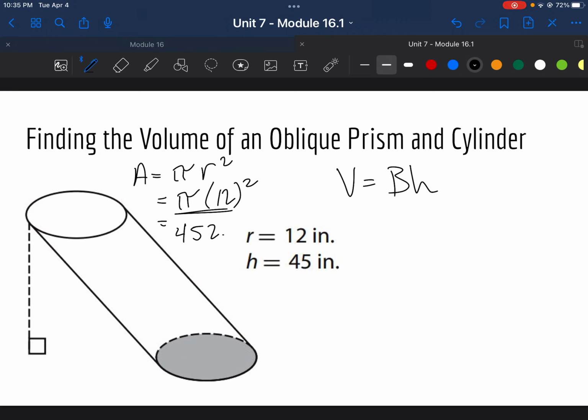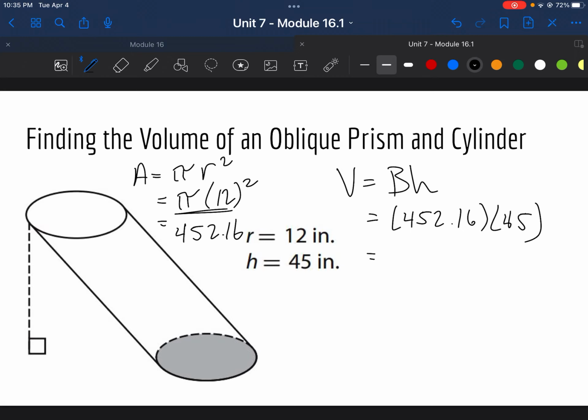So after you plug this into your calculator, you're going to get 452.16. So that means that the area of my base is going to be 452.16. Now I just got to multiply that by the height of my cylinder, which according to this problem is going to be 45 inches.